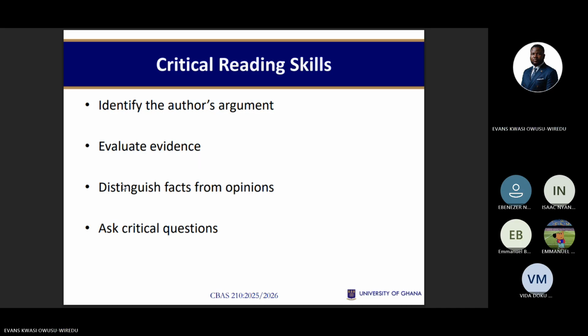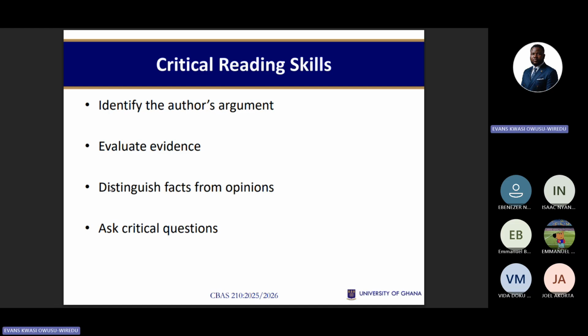Yeah. This is one of the skills it will grant you, because you need to also do your research into it, right? Do your breakdown analysis on it before you can conclude and know whether to agree with or disagree, or agree to disagree. Yeah, so distinguishing facts from opinions is also another skill.